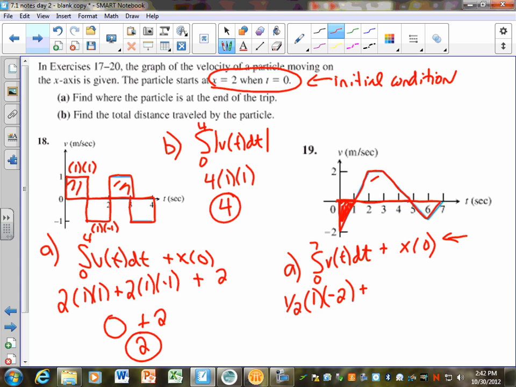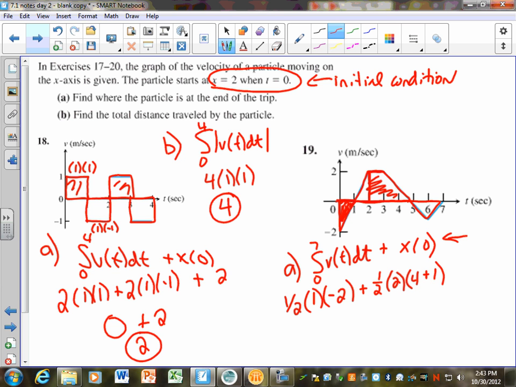Plus, this next one is that trapezoid, and remember trapezoid area is 1/2 times the height. How tall is that? 2. Times the sum of the bases, so that's 1, 2, 3, 4, plus the top is just from 2 to 3, so that's 1.